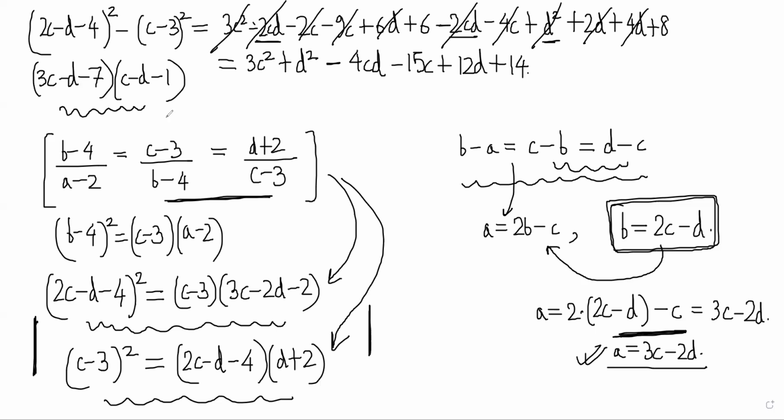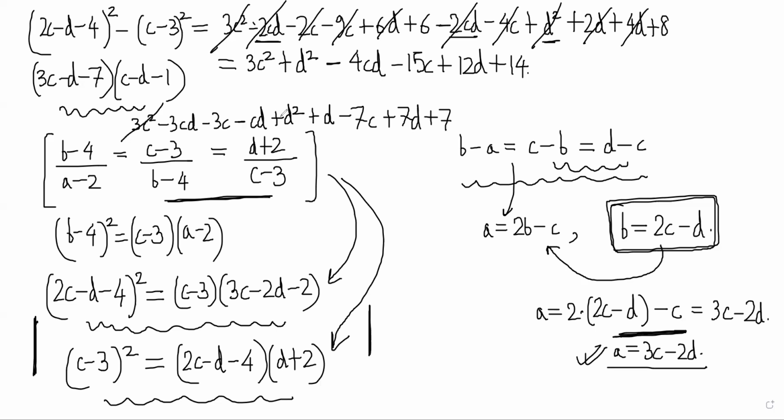Notice that here also, if I multiply it out, I get 3C square minus 3CD minus 3C minus CD plus D square plus D minus 7C plus 7D plus 7.